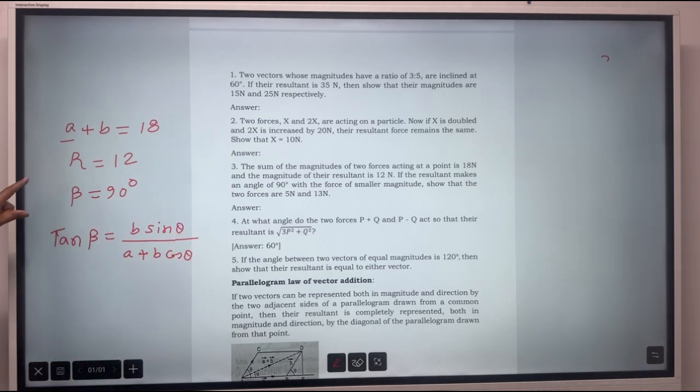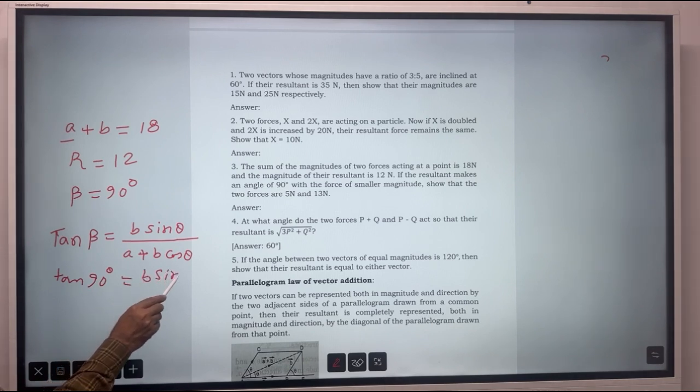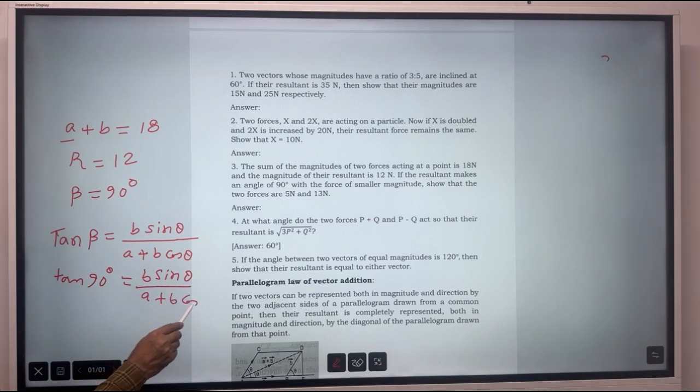Tan beta means tan 90 degree equal to B sin theta divided by A plus B cos theta.